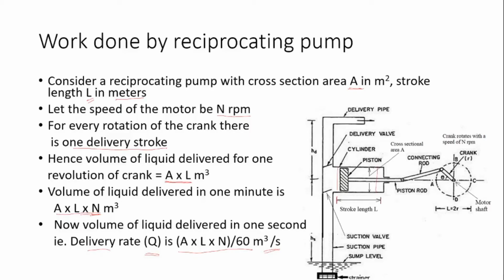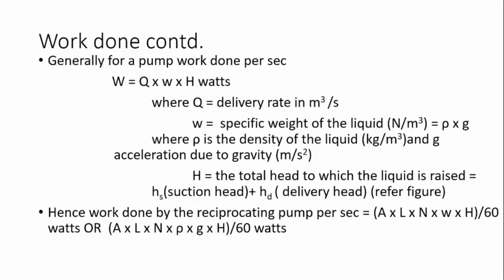Now the general equation for work done per second for any pump is Q into W into H, where Q is the delivery rate, which we have already discussed, expressed in meter cube per second. Small letter W is the specific weight of the liquid, which is equal to density rho of the liquid into g, the acceleration due to gravity.